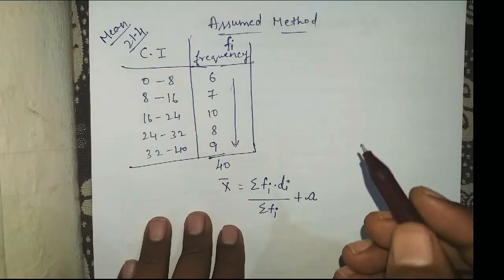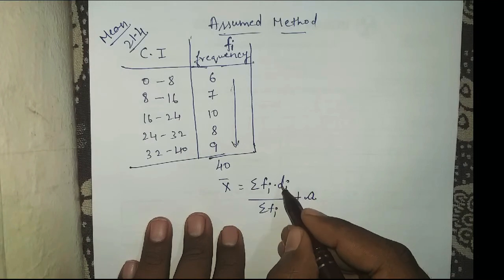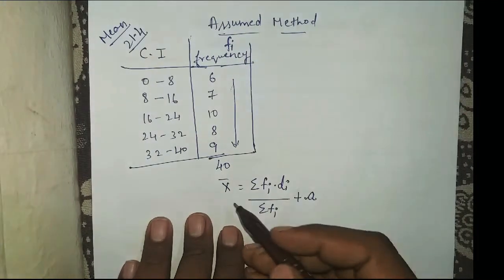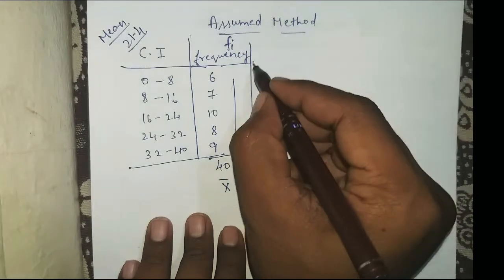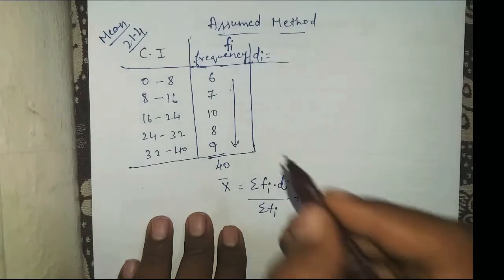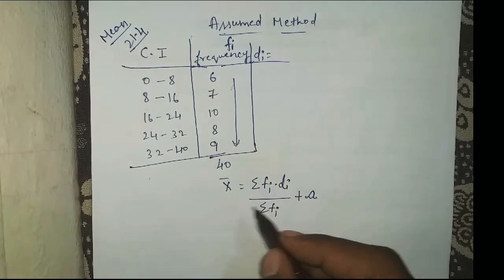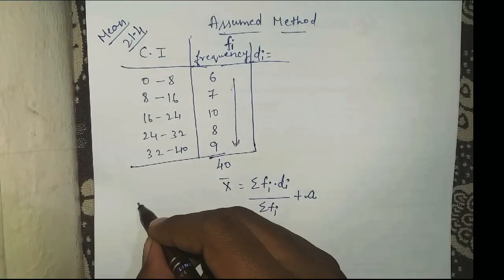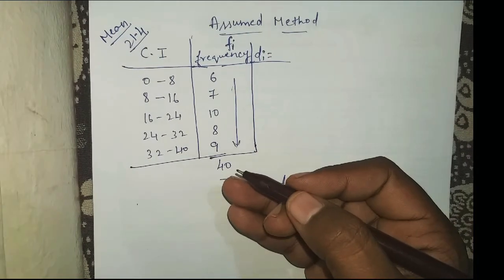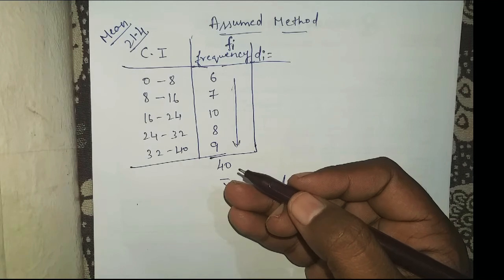So see, very important, we have di. I know what fi is, this column is fi, so di is missing. So you need to take the di column. To find di, keep in mind I told you in the previous video, while doing the direct method, that you will get three additional formulas.